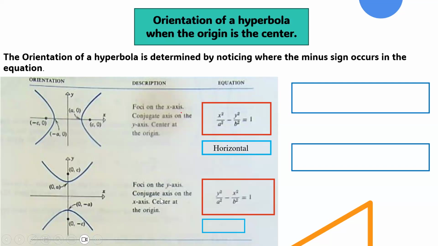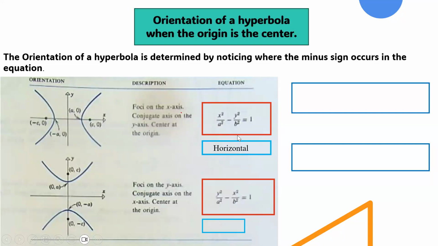So the conjugate axis is on the x-axis and the center is the origin. So this time, our transverse axis is actually on the y-axis and our conjugate axis is on the x-axis. And our equation will look like this: y²/a² minus x²/b² is equal to 1.